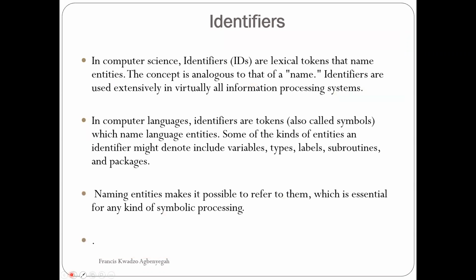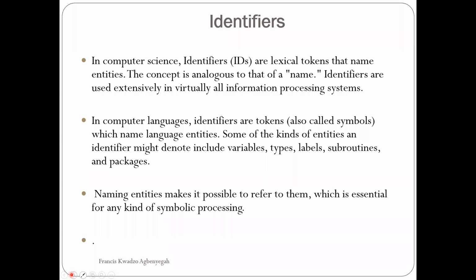So now identifiers. We are saying that our variables are just identifiers, and these identifiers can be a phrase, a letter, or it can even contain expressions that we have in our computations in our programming. So these identifiers are just lexical tokens that name an identity.